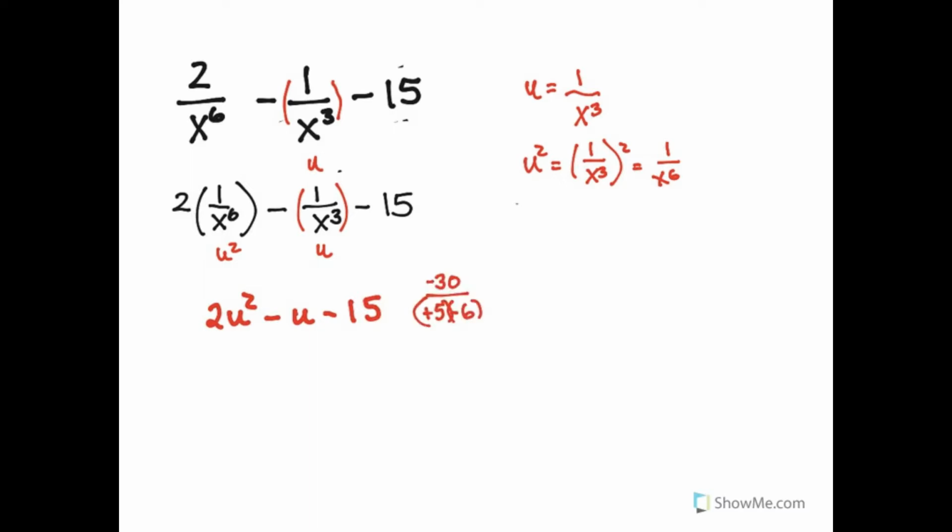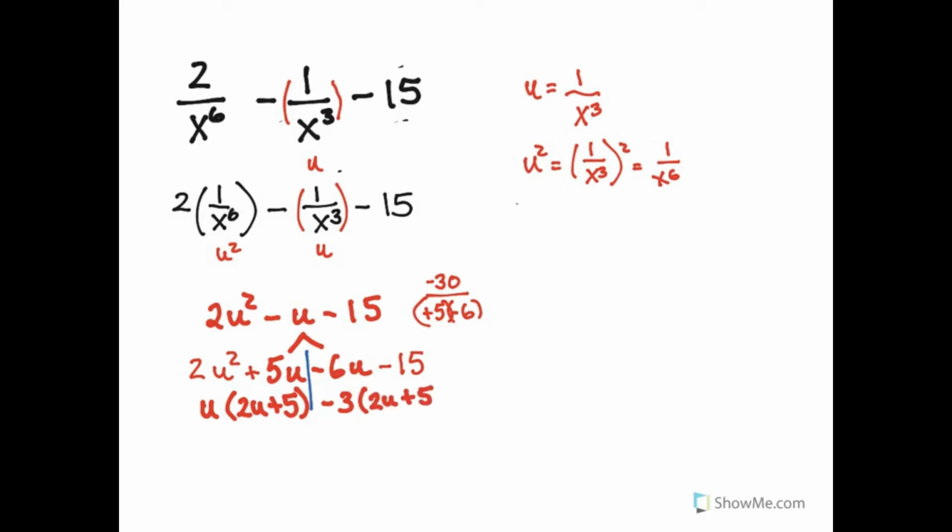Well, if I want to factor that quadratic, I need to split the middle term. A times c, 2 times 15, is 30, and it's a negative 30. And it comes from adding 5u and subtracting 6u. And it factors u times 2u plus 5 minus 3 times 2u plus 5. And that means it's u minus 3 times 2u plus 5.